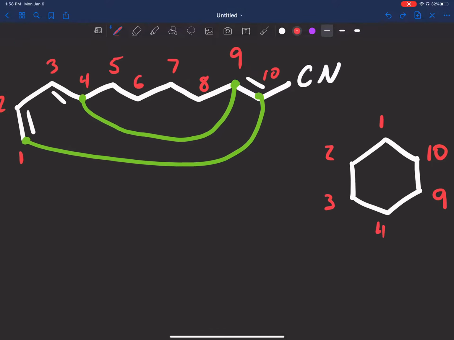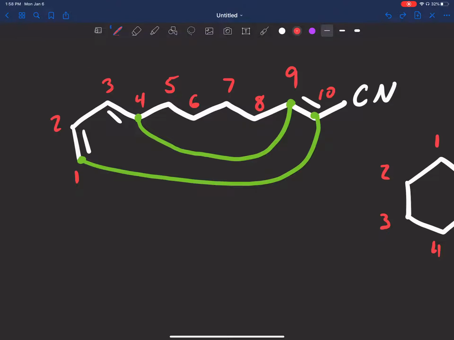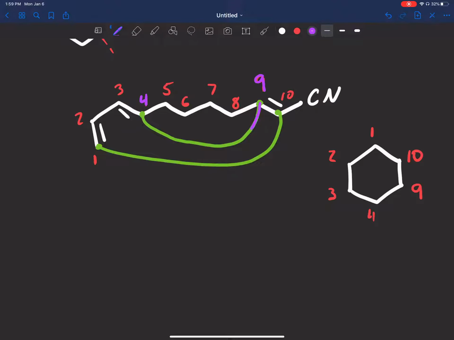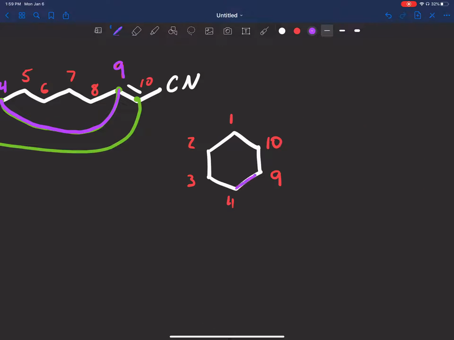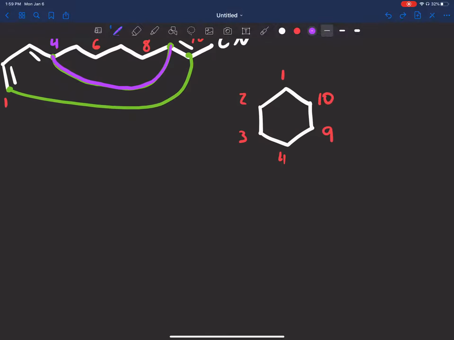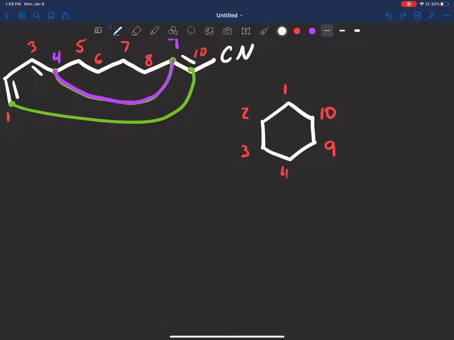But keep in mind we have this interior ring too. To figure out how to draw this, let's just look at this. Carbon 4 is connected to carbon 9. This bond right here connects them, and it's shared with that other ring. So we know that the other ring is going to border 4 and 9. Carbon 4 is connected to carbon 5.